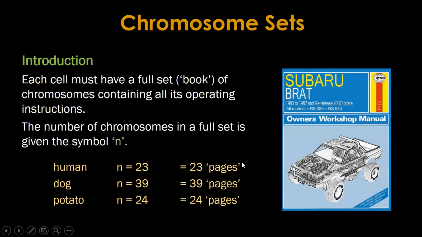In fact, somewhat more than humans. So we can learn another lesson here: don't pay too much attention to the number of pages and the number of chromosomes. They do not give a good idea of the complexity of the organism, as we will see later on. Humans are clearly more complex than potato plants, but we actually have fewer pages.